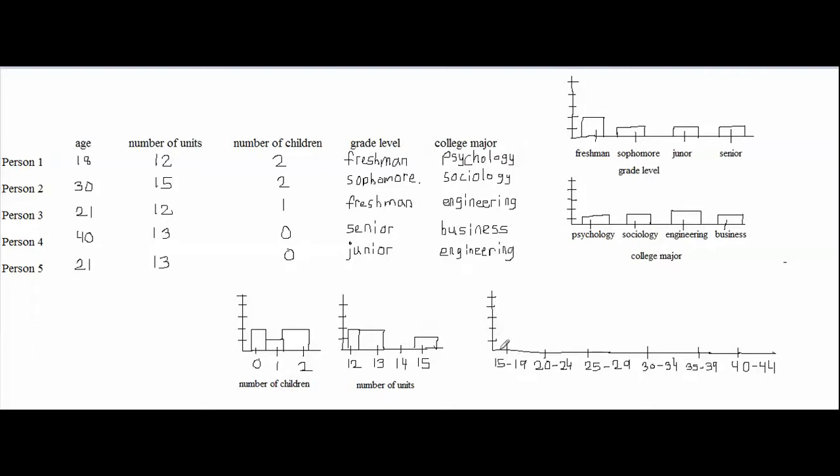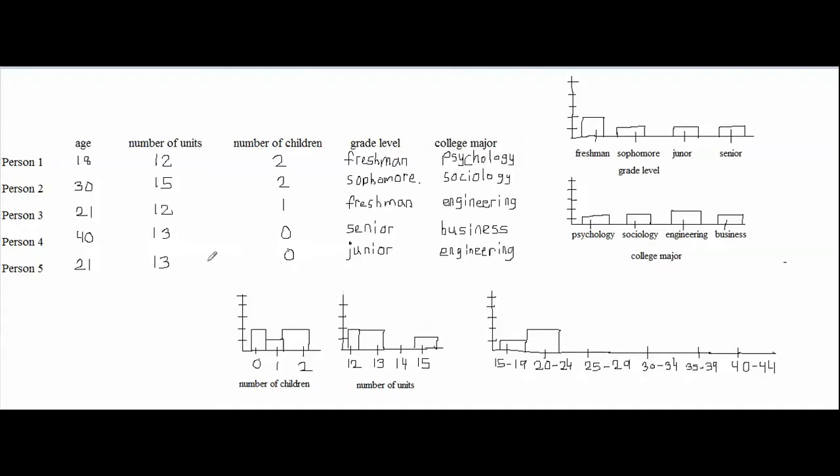It contains one number. So we'll go up to the first tick mark. Next we have to find out how many numbers are there in the age column between 20 and 24. Well, 21. Looks like 21 is the only number that's between 20 and 24. So there's 2 numbers that are between 20 and 24. So this goes up to the second tick mark.